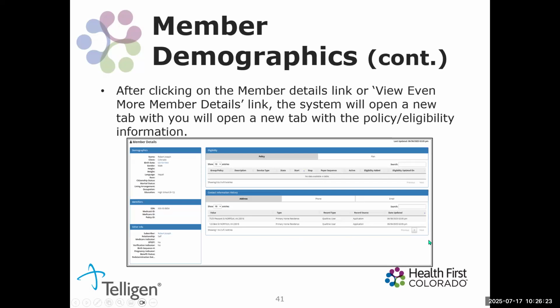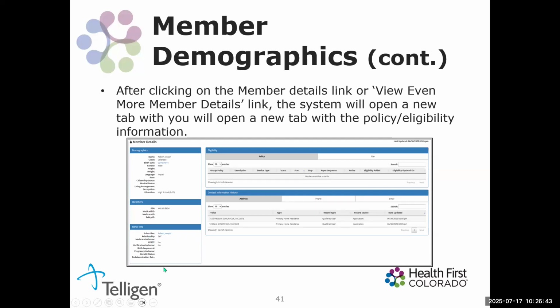This screen just gives you a general overview, plus gives you eligibility information that we get on the file from the state of Colorado. It will give you demographic information, any identifiers, such as Social Security number, Medicaid ID, all the stuff that comes over in the file will populate.